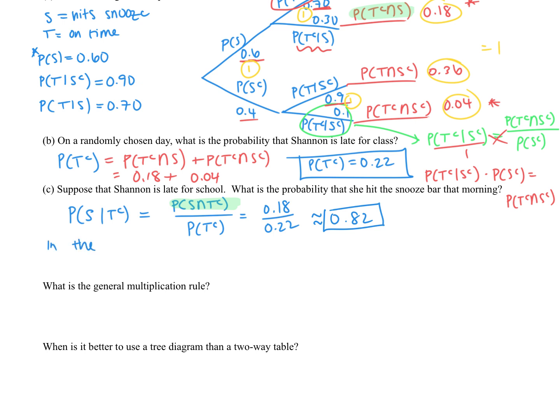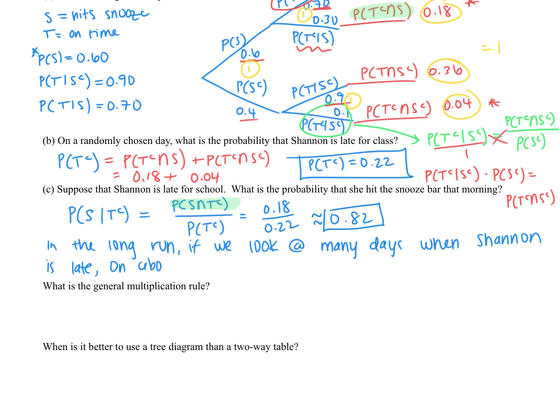In the long run, if we look at many days when Shannon is late, on about 82% of those days, she hit snooze. What I would be looking for is many days.